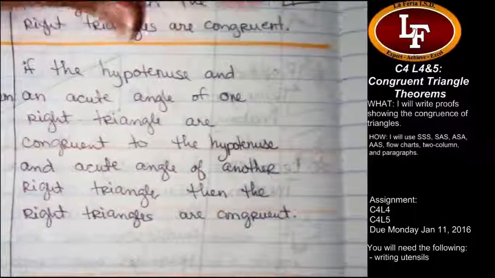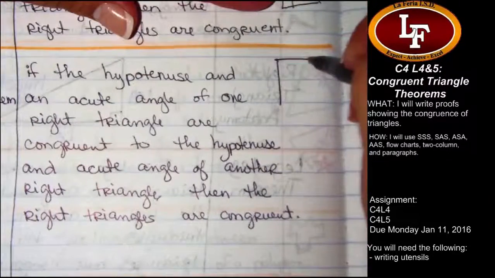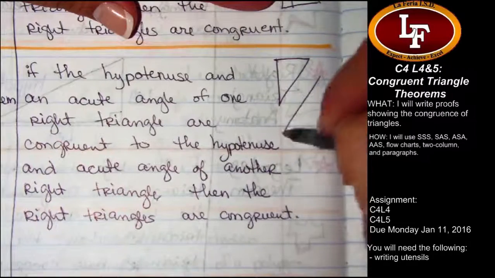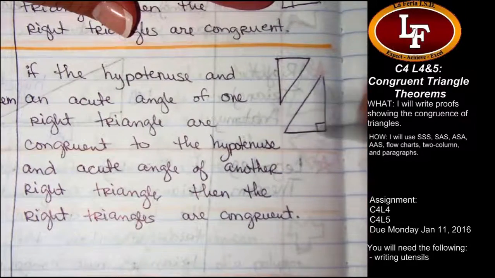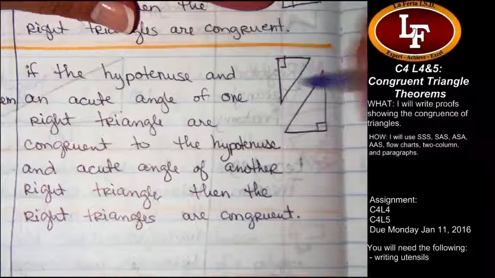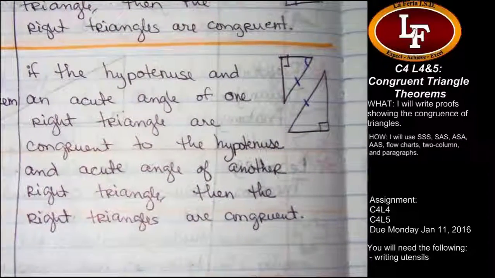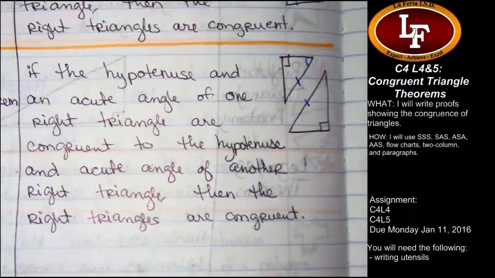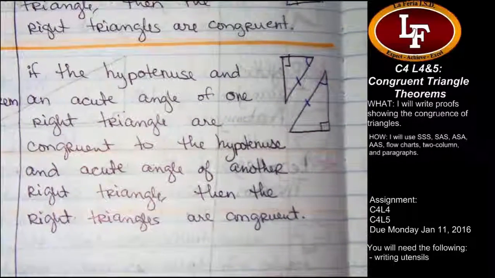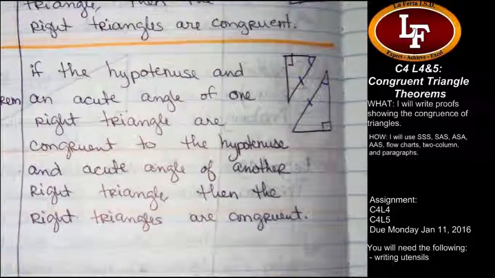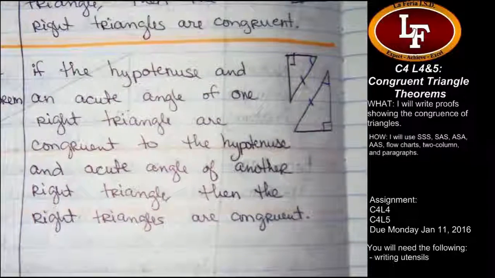Diagram. I need some right triangles. All right, this says the hypotenuse and an acute angle, and it doesn't say that it has to be the corresponding one, mostly because if I accidentally pick one that doesn't look like it corresponds properly, I can do some sort of flip, a reflection, right?